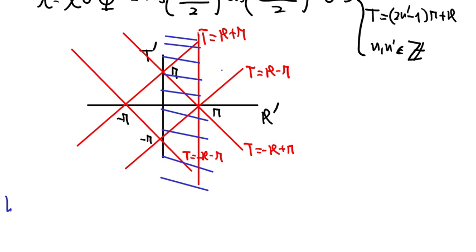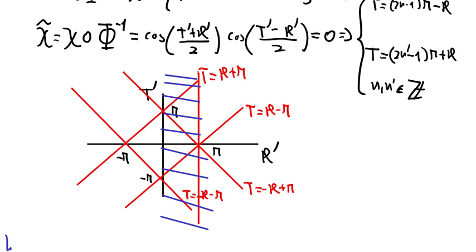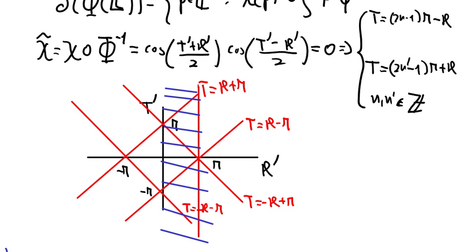Within this region we need to consider an open set bounded by the lines which are defined by this condition. If you look at this region, you see that there are an infinite number of open sets which satisfy this property. For example, I'm going to indicate one of those open sets with green lines.